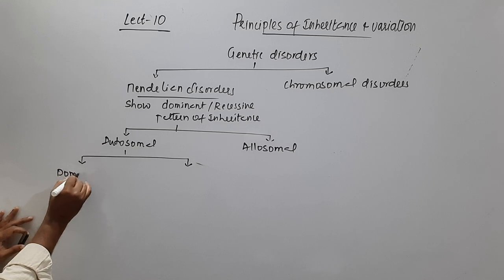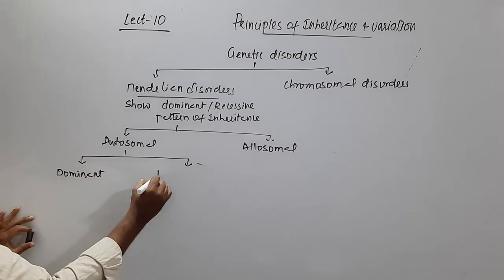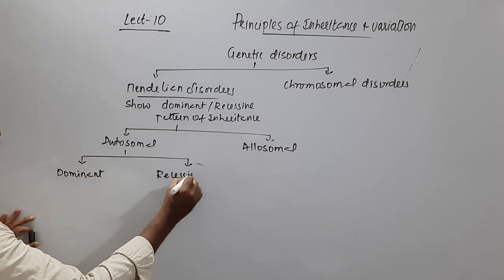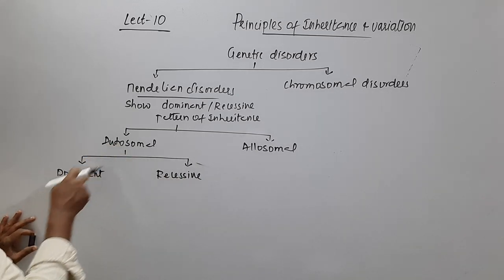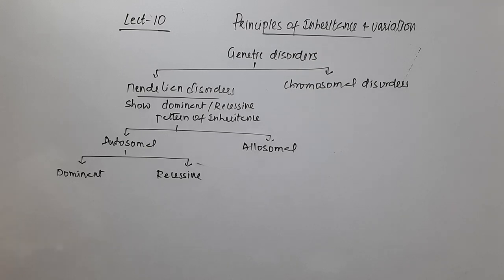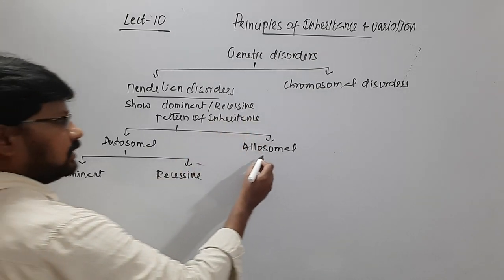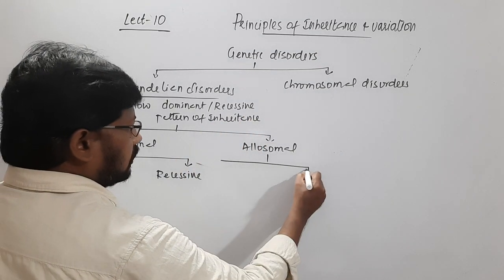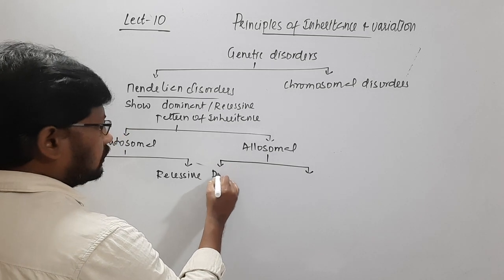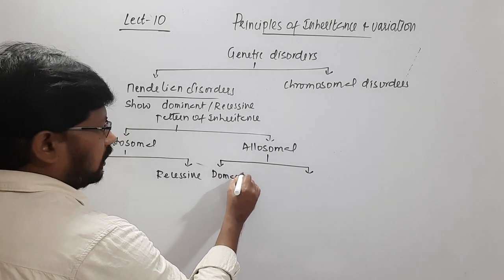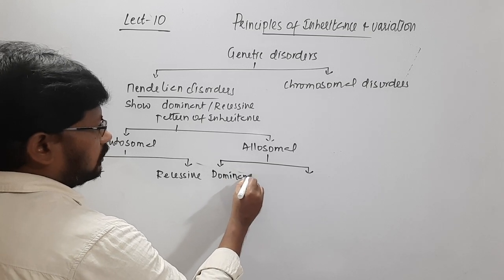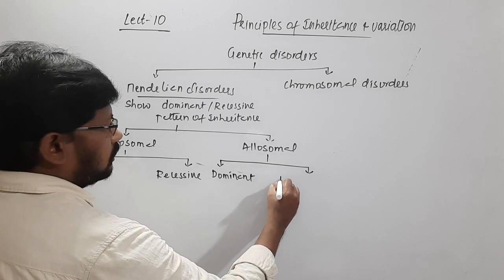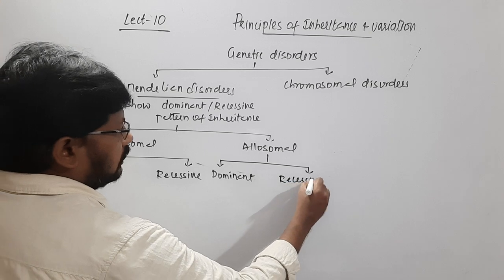So dominant or recessive. So autosomal recessive, autosomal dominant, and similarly we will be seeing allosomal dominant or allosomal recessive.